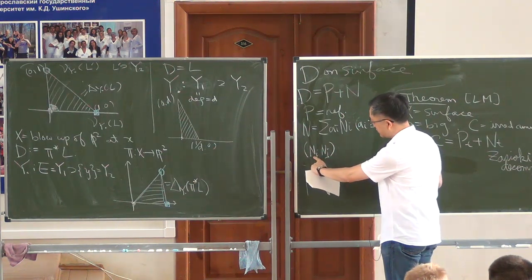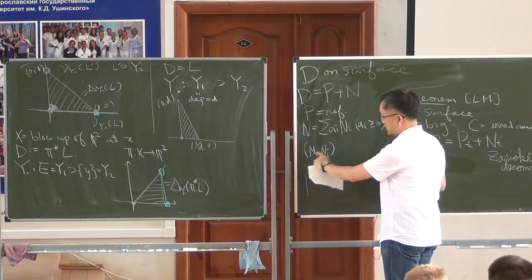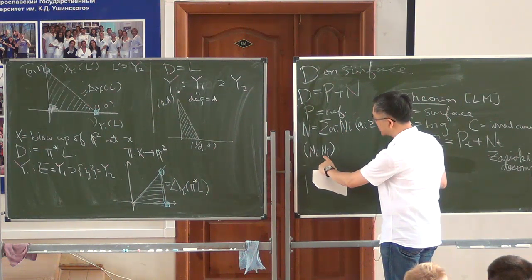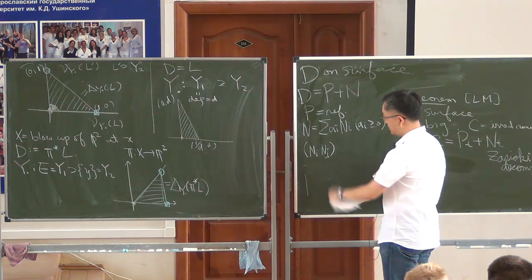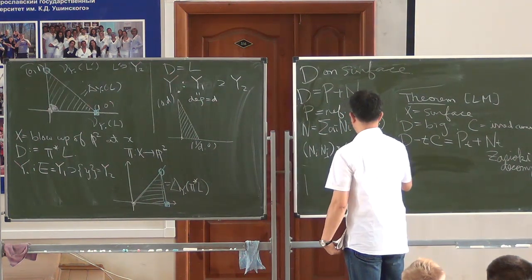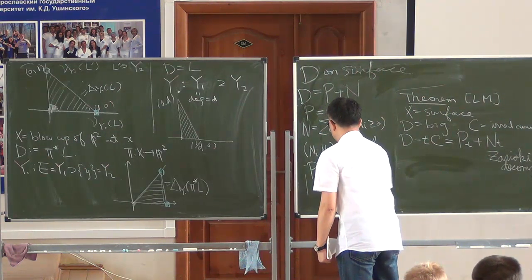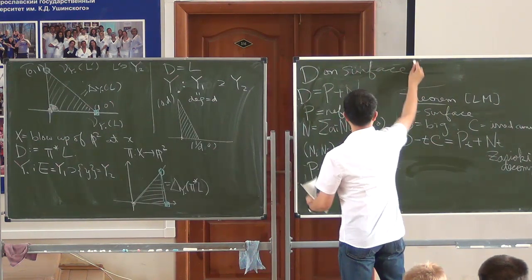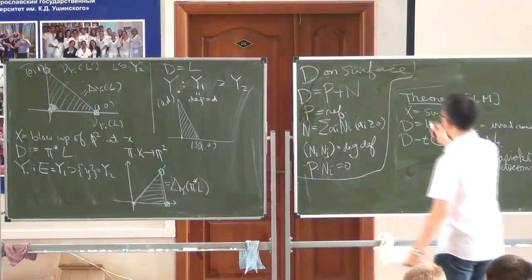One component is the self-intersection number of N_1, and so on. The ij component is the intersection number of N_i and N_j. This is negative definite, and P is trivial with respect to these curves. This is called the Zariski decomposition.